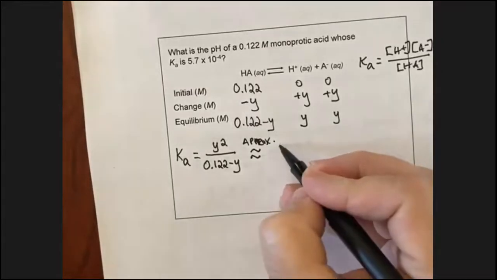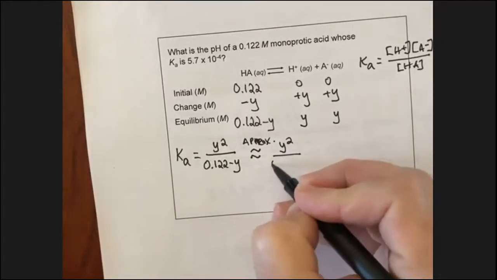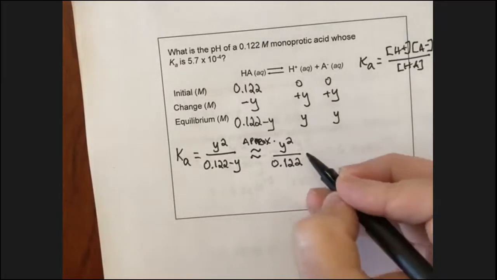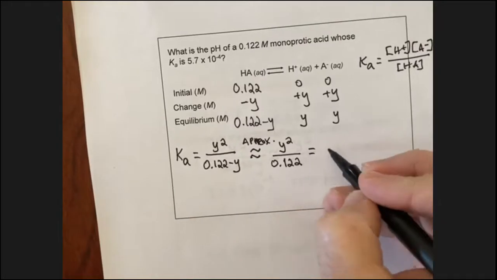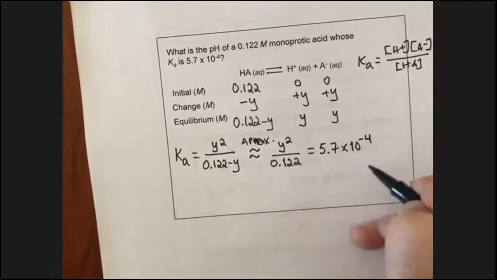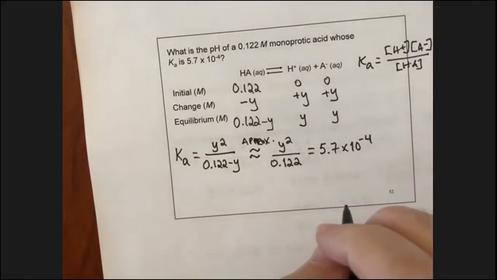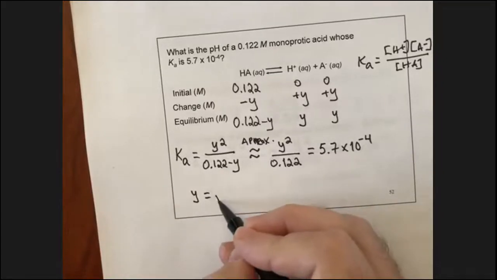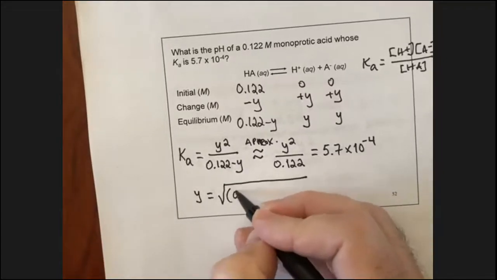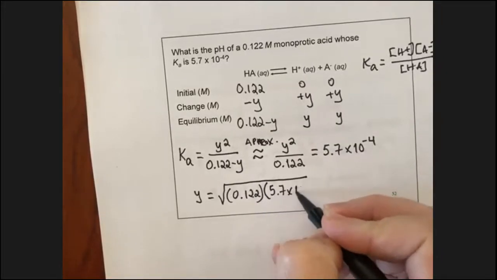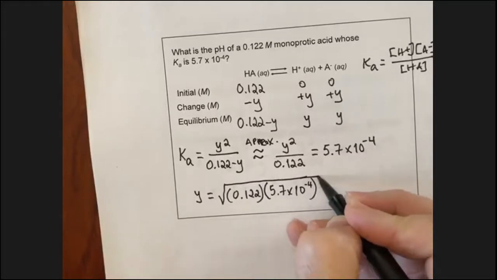So we're going to say this is approximately Y squared over 0.122, and we've been told that this is 5.7 times 10 to the negative 4. So that means that Y is going to be the square root of 0.122 times 5.7 times 10 to the minus 4.